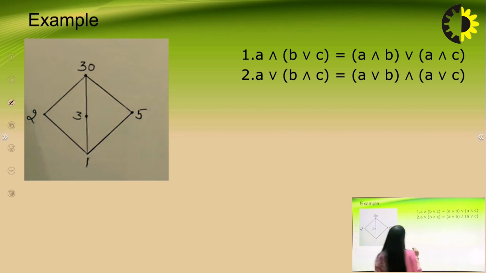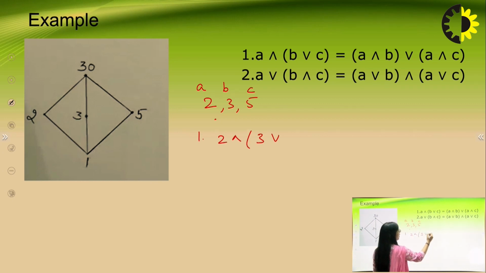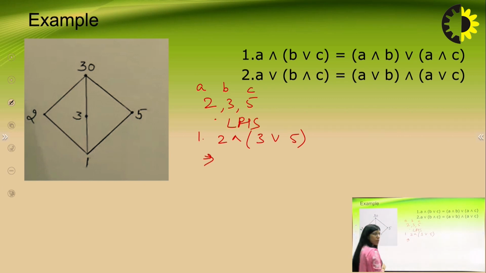Here, if we take 2, 3 and 5, these three elements as A, B and C. First, we can check 2 meet (3 join 5). That is the LHS we are performing.